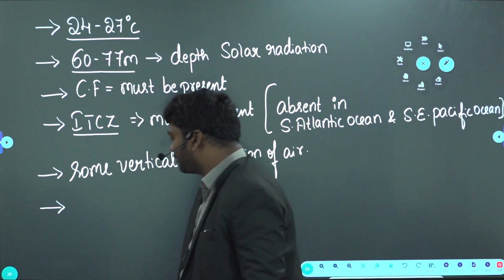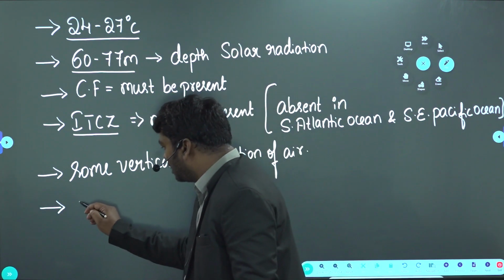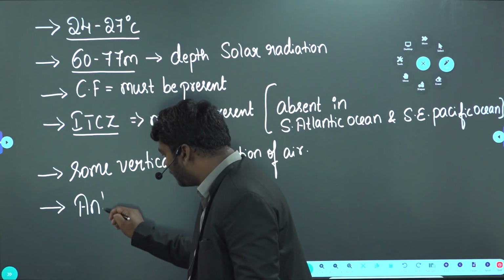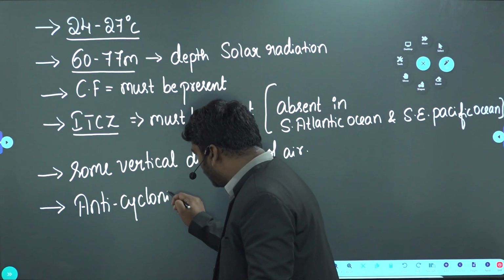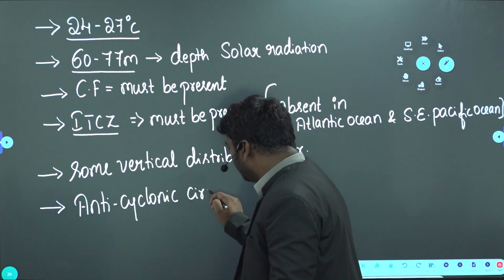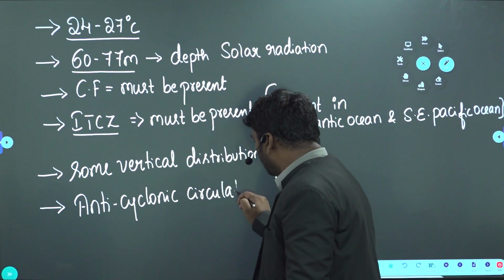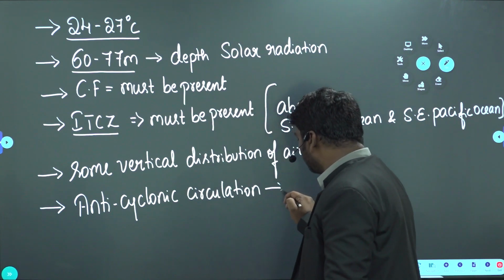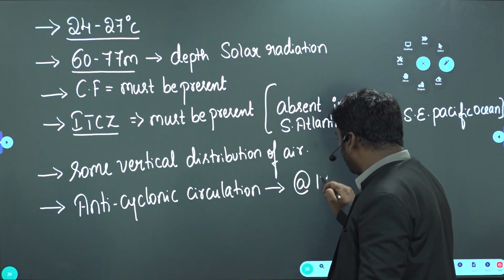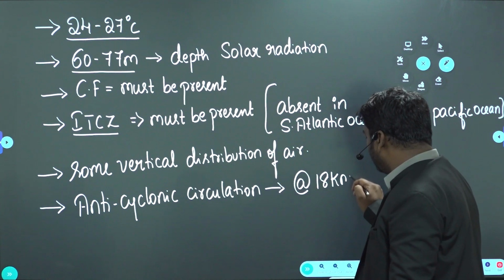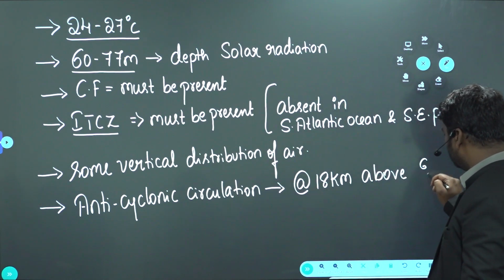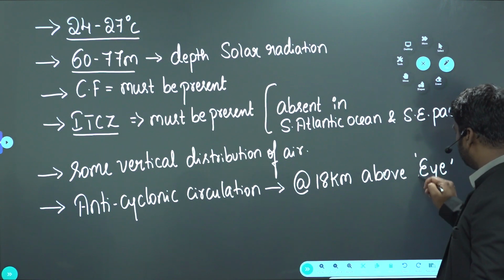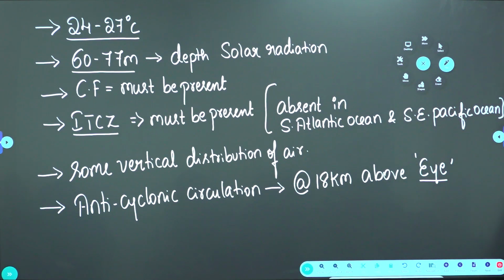Last, yes, I hope you have read anticyclonic circulation must be present at the height of 18 kilometers above eye of the cyclone.